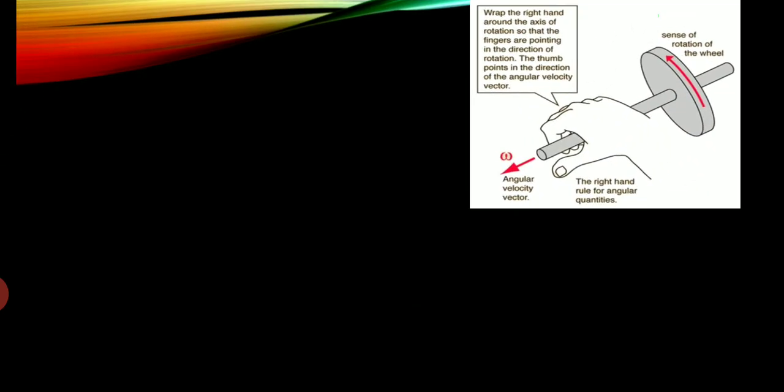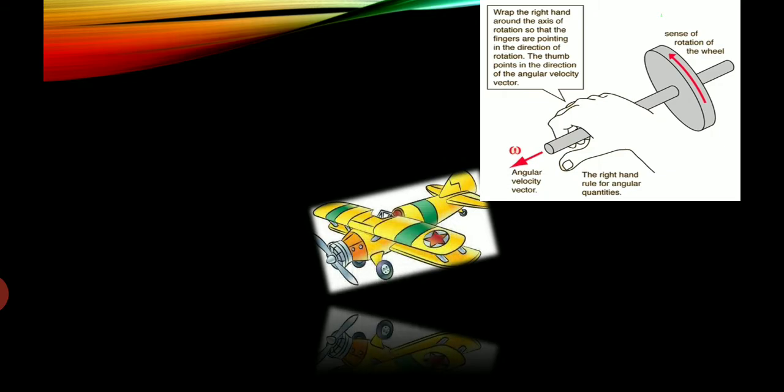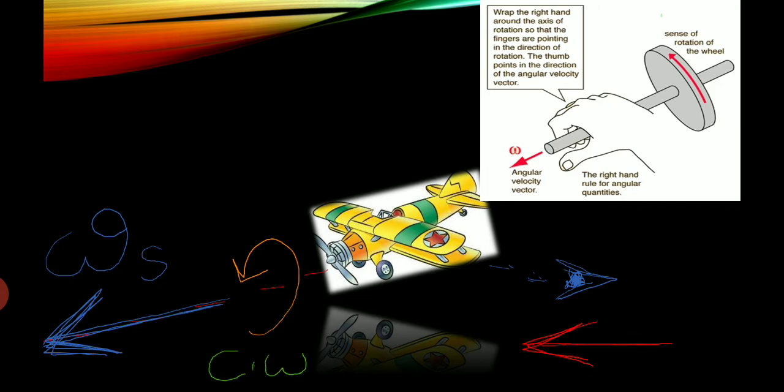Now we will see how it affects our gyroscopic couple. Here we can see the plane, and here is the rotation which is clockwise, and we got this angular velocity vector omega in this direction by using the right hand thumb rule.